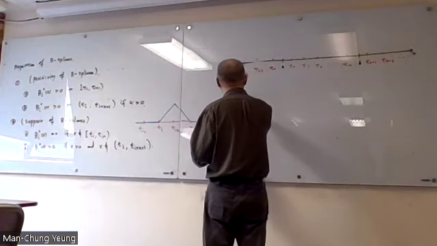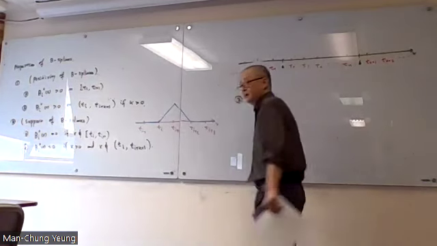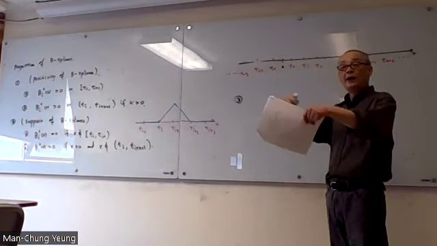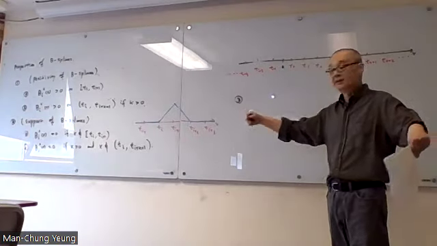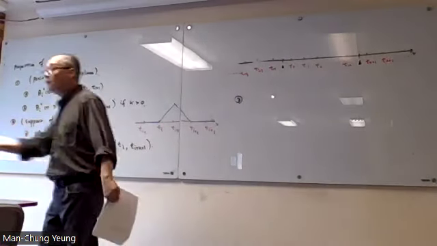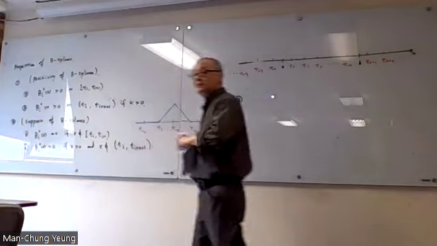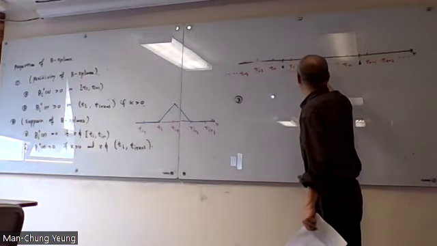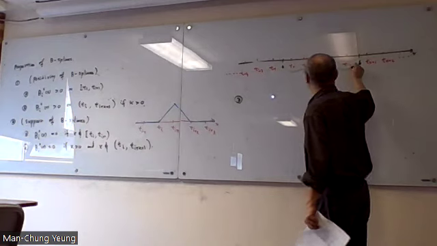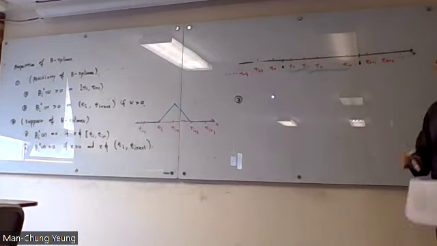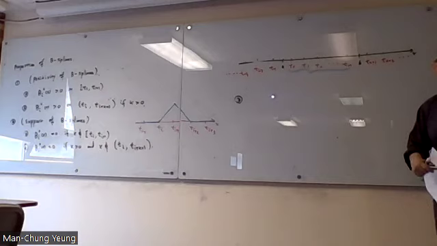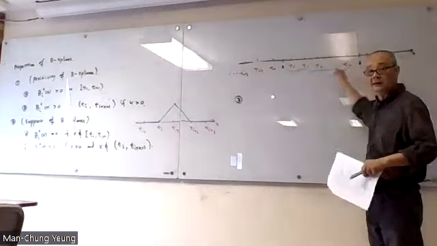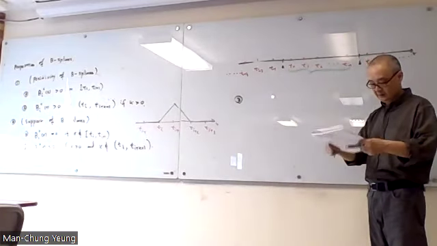Property number 3, about the knots. Now we have infinitely many knots. Actually, what we are concerned with is t0, t1, t2 to tn. We are interested actually only in these n plus 1 knots.